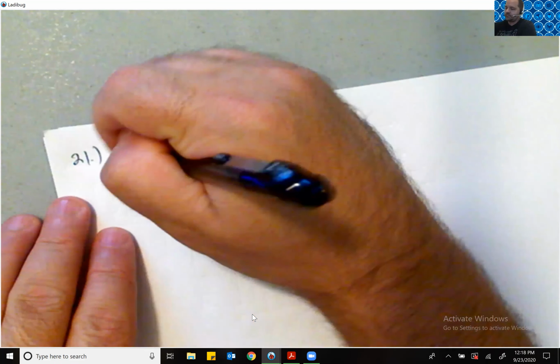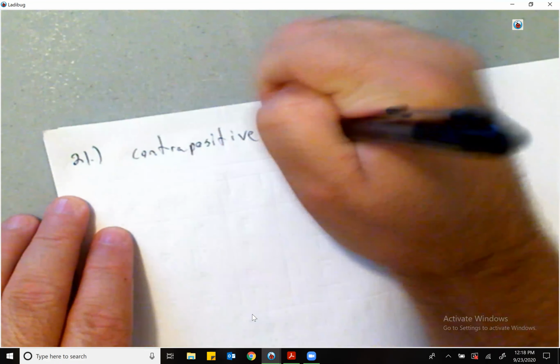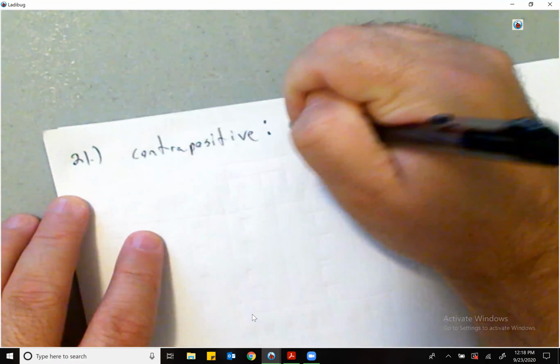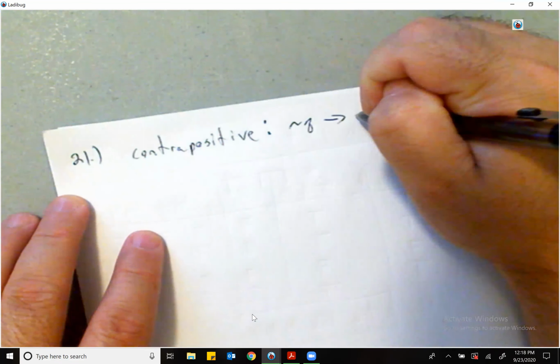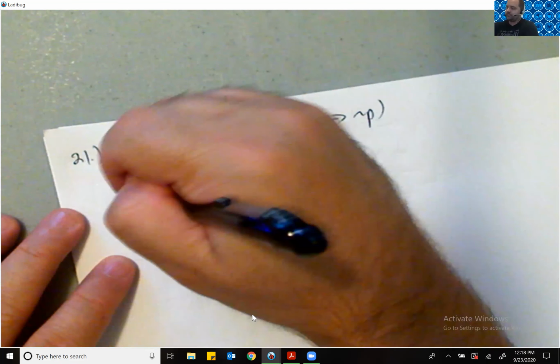So if, hold on, number 21, so it would be if it is Halloween, then the goblins do not come. Wait, no. If it is Halloween, then the goblins do not come out to play. You got it.